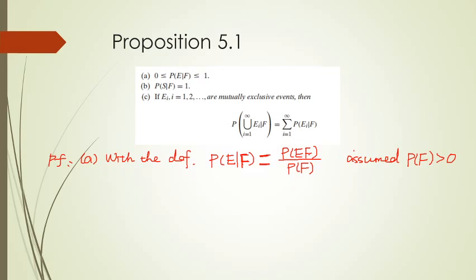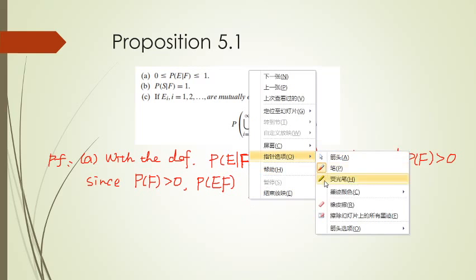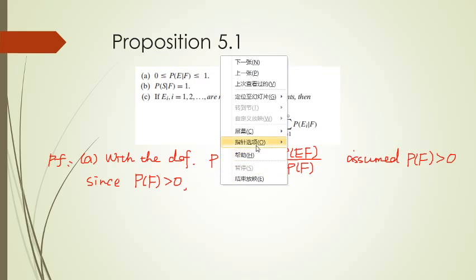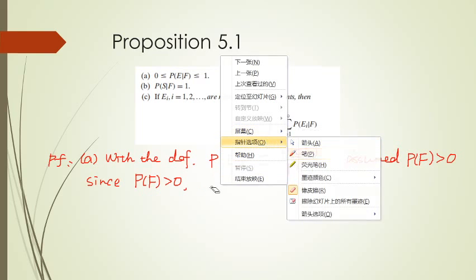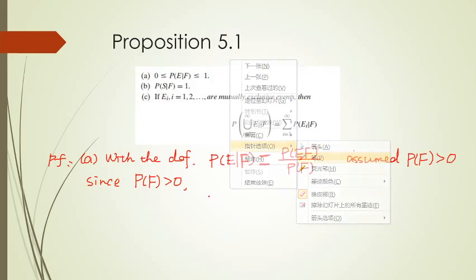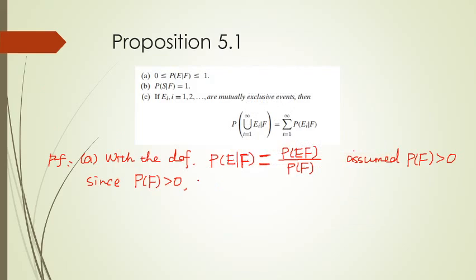Since those are probabilities, and the probability of F is positive, and E and F is another event, this is the probability function that also satisfies between 0 and 1.